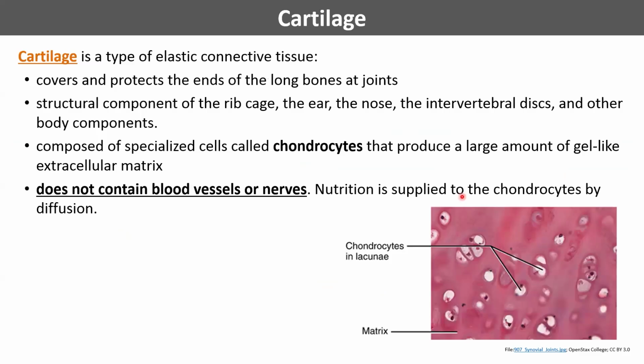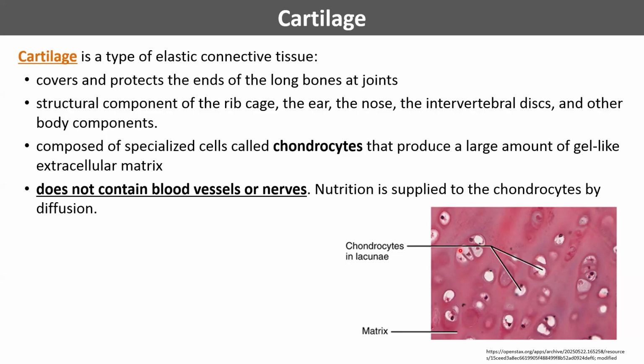because cartilage is a very interesting and very unique type of tissue. It's a connective tissue, and it doesn't contain blood vessels or nerves. If you look at the structure of this connective tissue, you will see separate cells sitting here. They're called chondrocytes. They're sitting in little spaces also called lacunae.